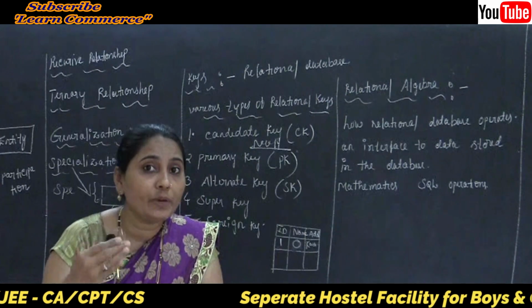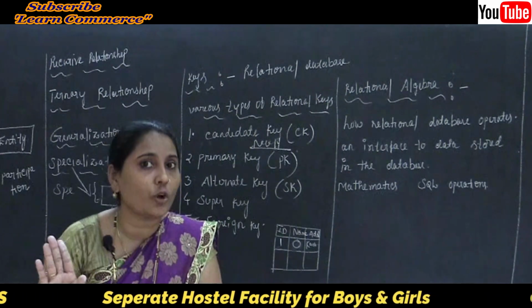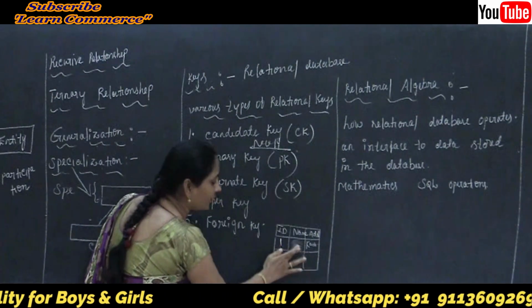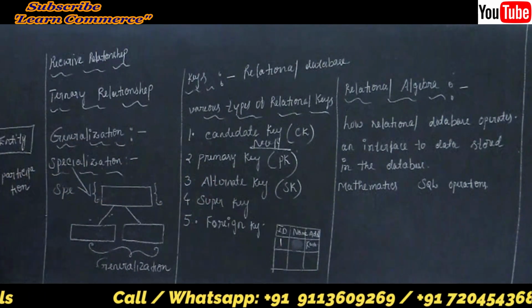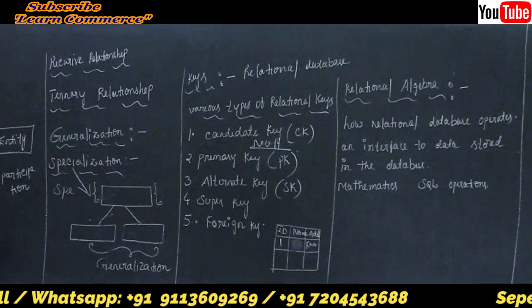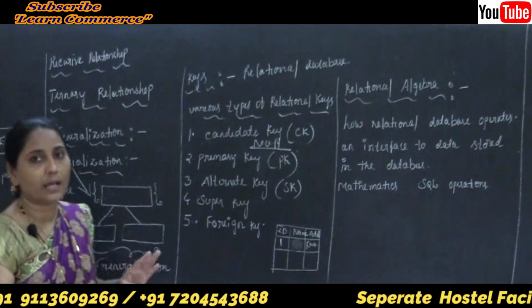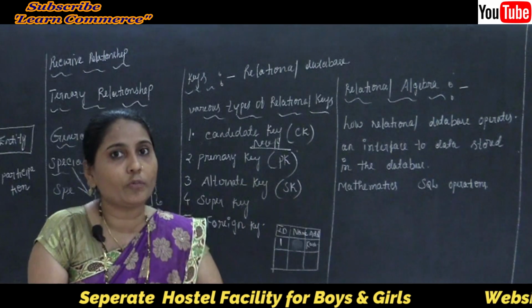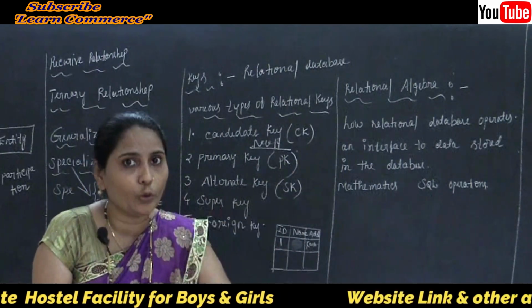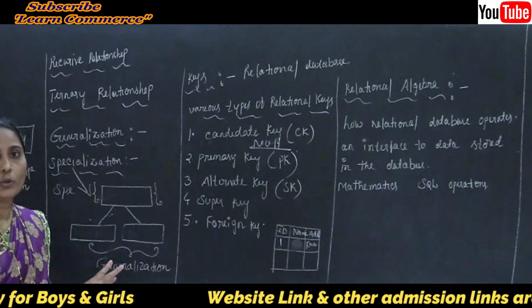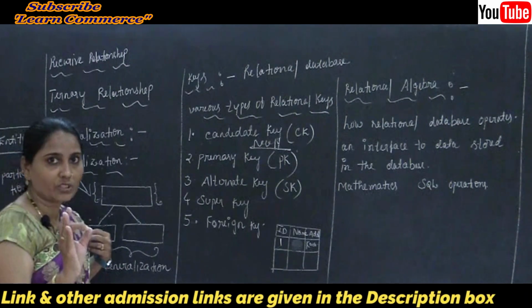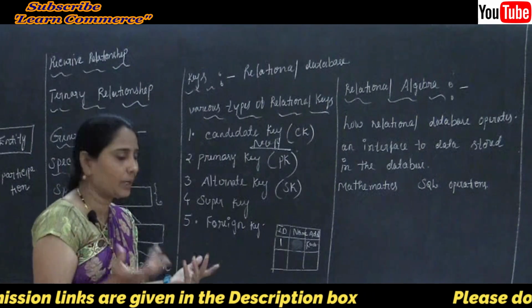Or if a field contains spaces, it is also not called the null value. It is called the null value when you are not using any value in the cell, and the cell will be blank. But also, according to the rules of the candidate key, no component of the candidate key is allowed to be null. That means we need to use some value for each cell of a row, or each cell of a column, otherwise.